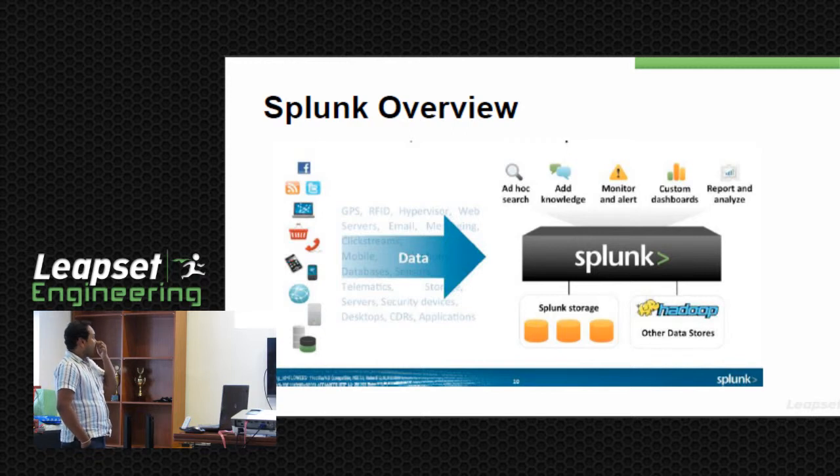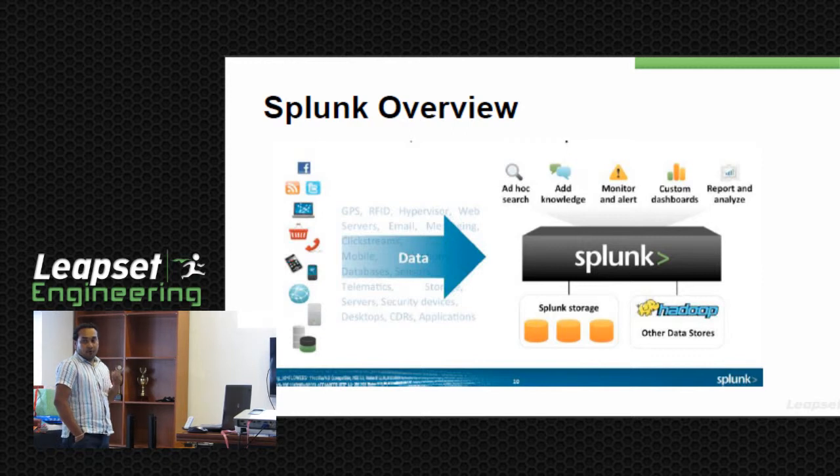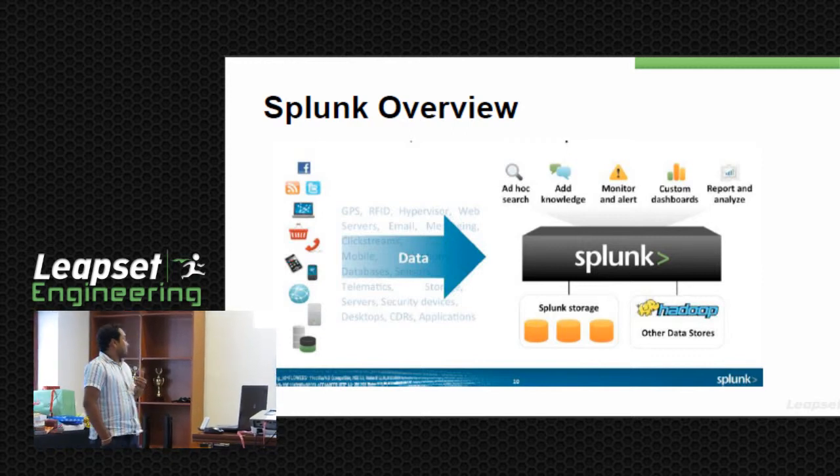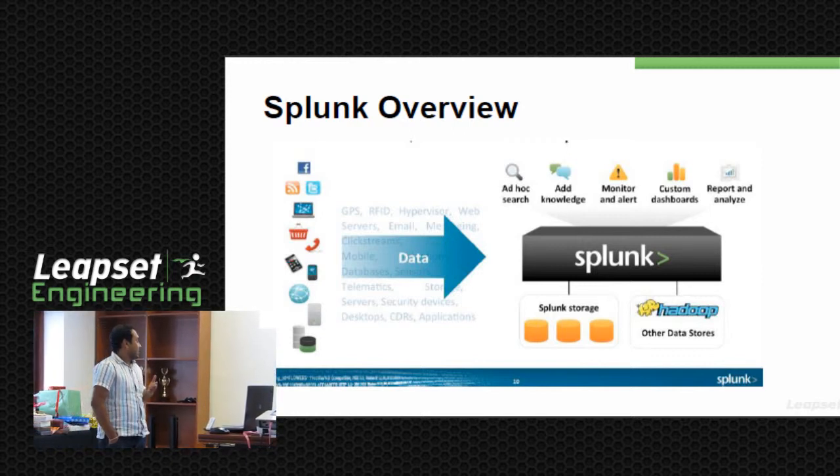Splunk has mainly three parts. One is the Splunk main server, the indexing server, another is the forwarder, and the third is the search head, or else we can say the web front end, web UI.